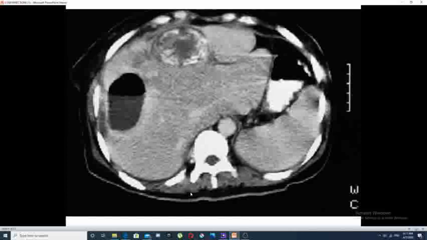This figure shows CT scan of a patient affected by a cystic lesion on the right lobe of the liver with characteristic appearance of fluid within the cyst and air in the upper part with air fluid interface. And this is diagnostic for pyogenic liver abscess.